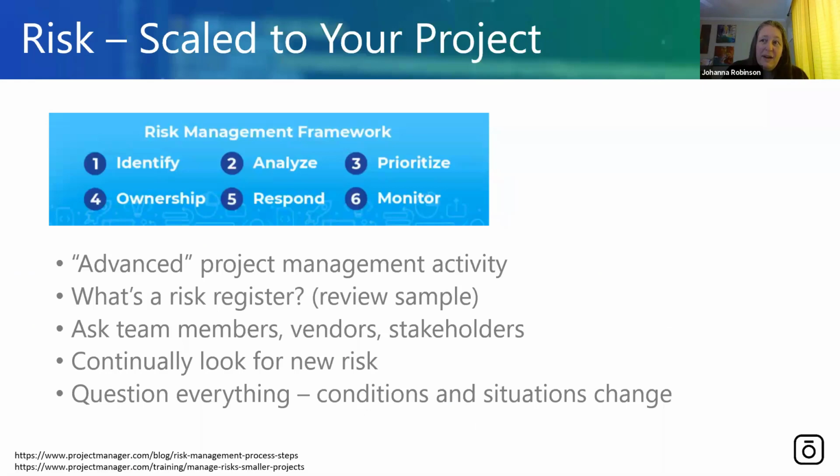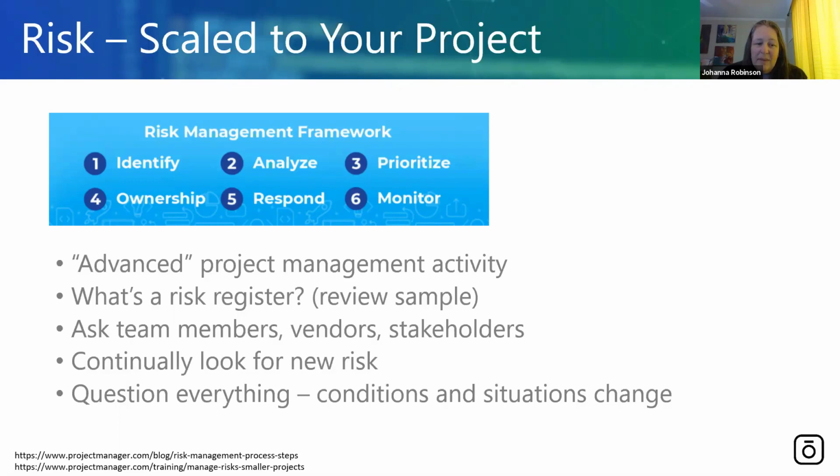The way you figure out what the risks are is you ask the people on your team, any vendors you have, and any of your stakeholders what things they think could go wrong with this project. Then through the course of the project, look for new risks. Every once in a while, pull out your list and update it. And question everything. Your project is going to change constantly in ways you don't expect.